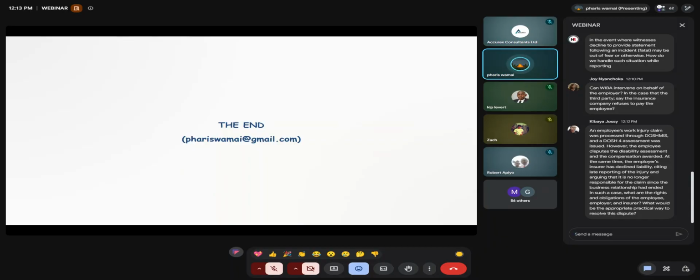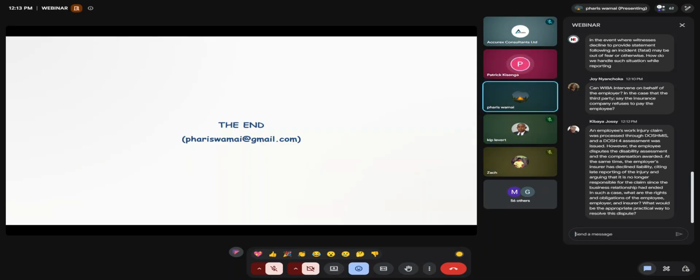So when you go to court, you go with the DOSH reports, your own reports, your statement, your doctor reports, and the WIBA provider, the insurance company, will come with their own report. Then the legal process will be undertaken, and the final judgment will be made depending on how the judge or magistrate sees the case.